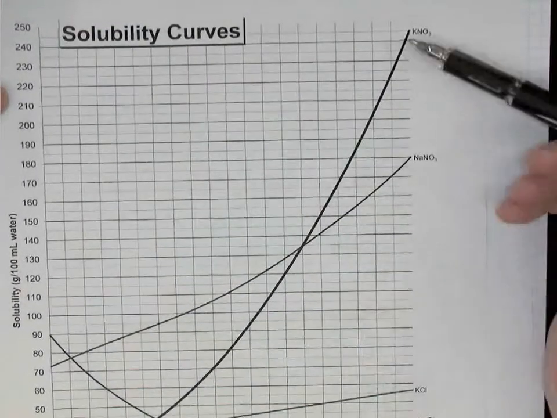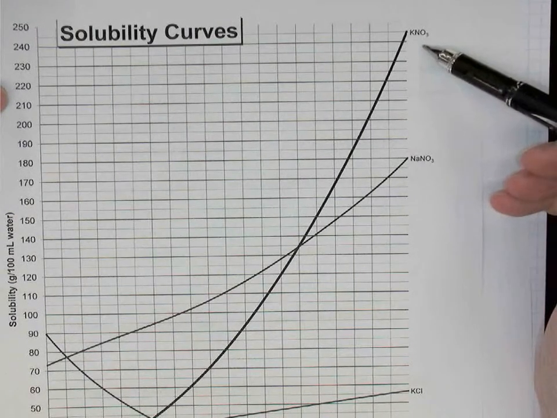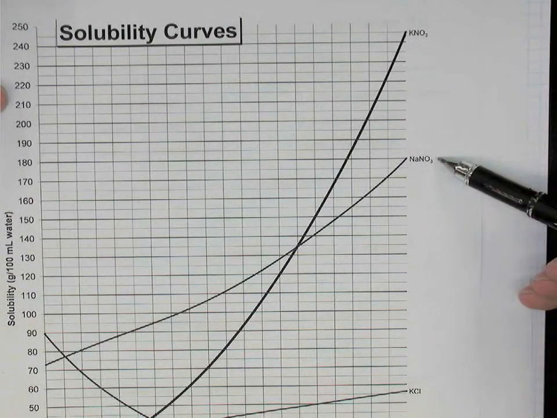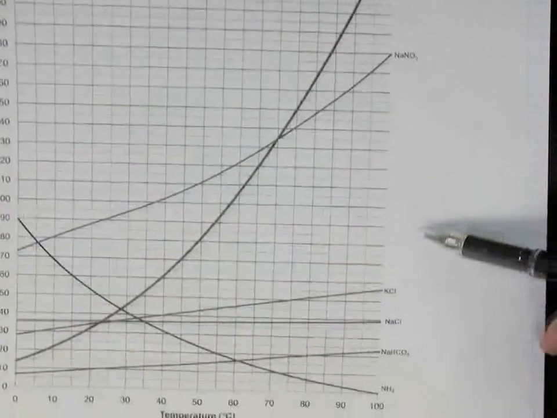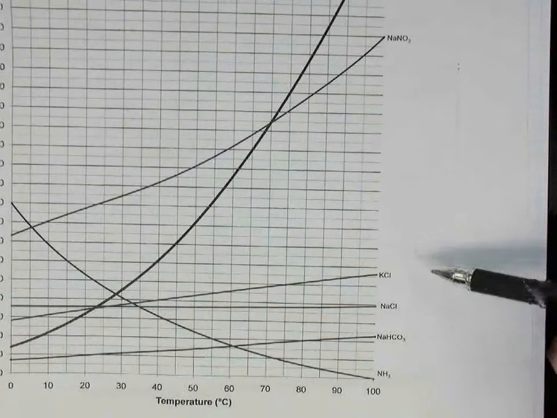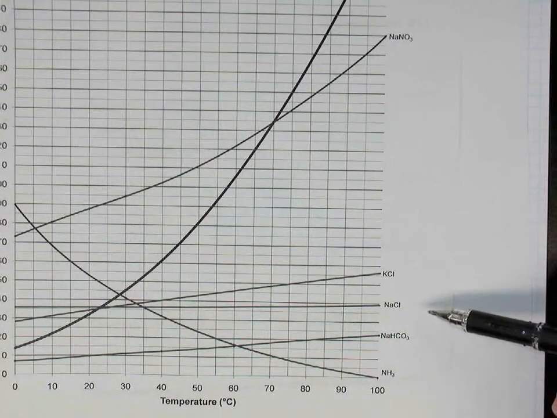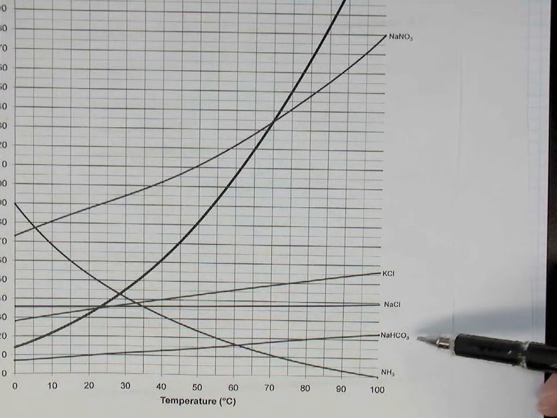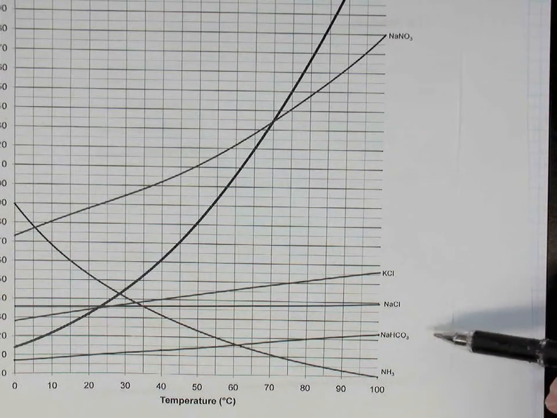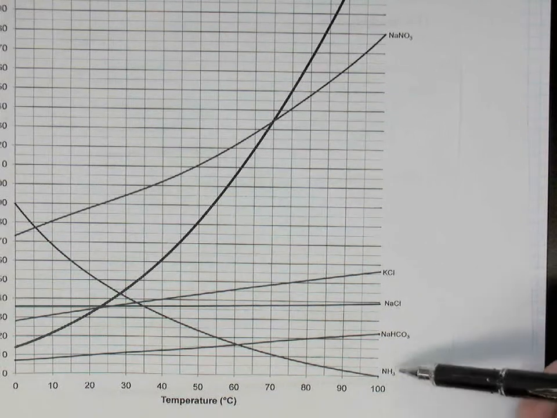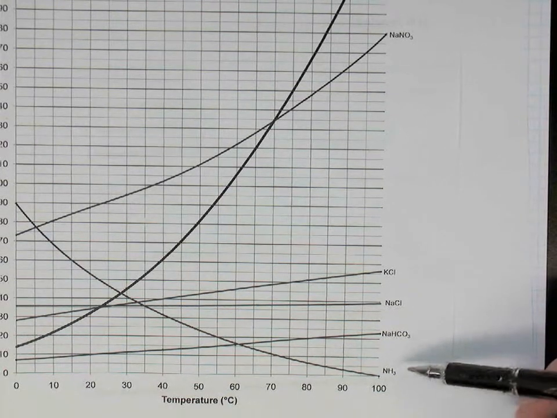The solutes are KNO3, potassium nitrate, NaNO3, sodium nitrate, KCl, potassium chloride, NaCl, sodium chloride, NaHCO3, sodium hydrogen carbonate or sodium bicarbonate, and then NH3, which is ammonia.